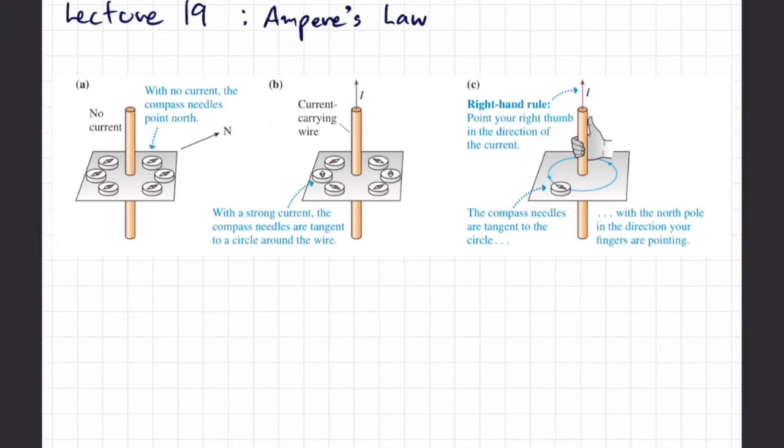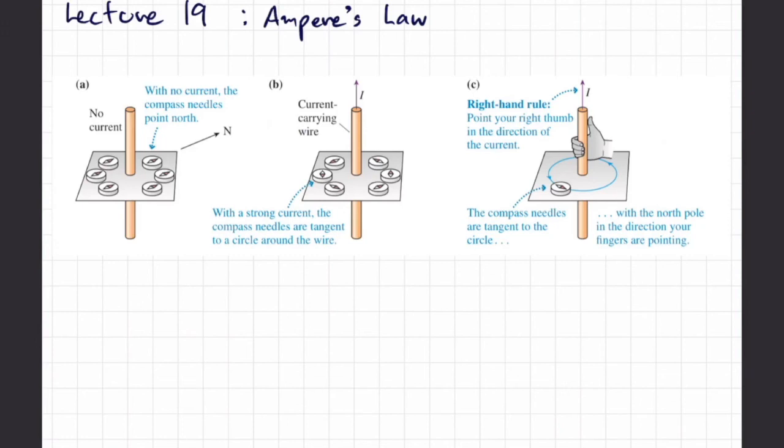Just a quick review of what we did last time. To use Ampere's law, let's consider this situation where we have a piece of wire, like in the first picture here. The wire is oriented vertically, and we want to see how the magnetic field at each point is pointing.